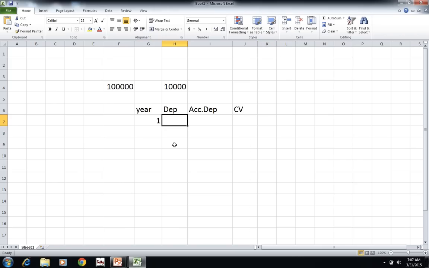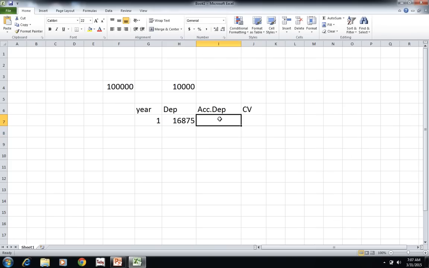First year depreciation: 100,000 minus 10,000, 90,000 times 25% times 9 over 12. Accumulated depreciation is also the same value. Now what is the carrying value? 100,000 minus 16,875. Clear? Second year, 90,000 into 25%.